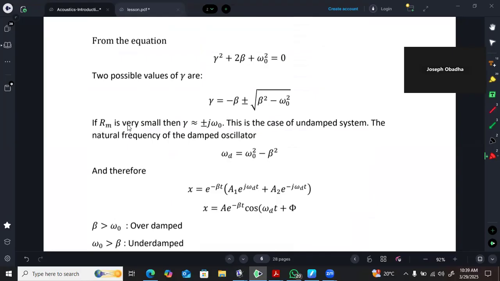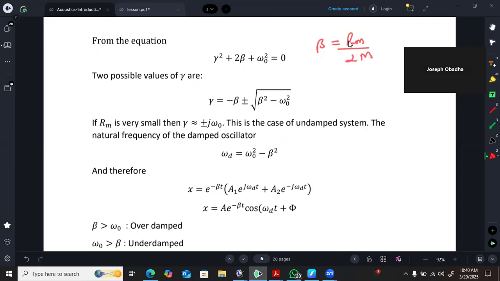If Rm is very small, remember what Rm very small implies. Remember our beta being Rm over 2m.